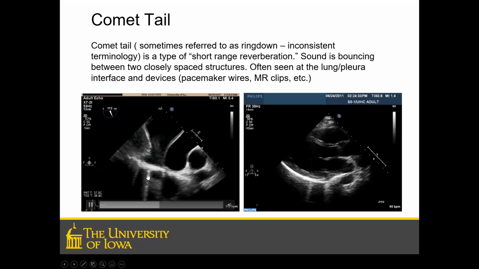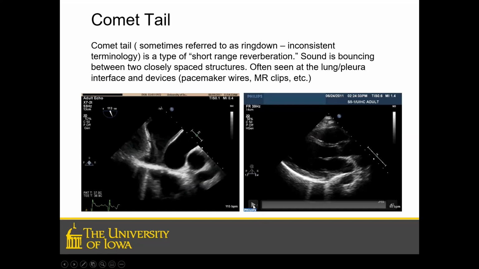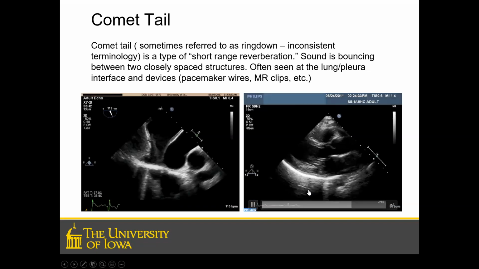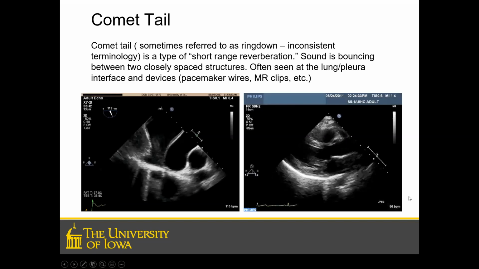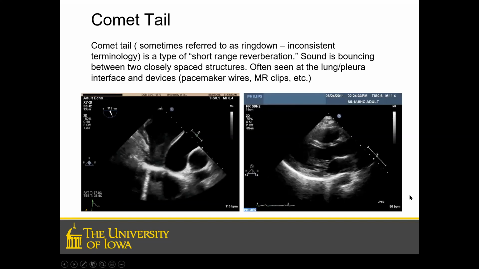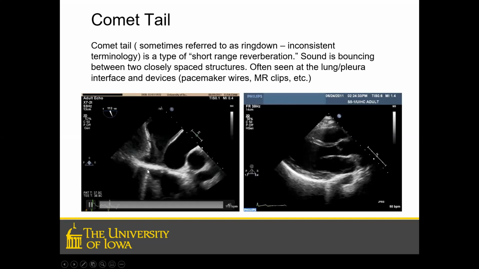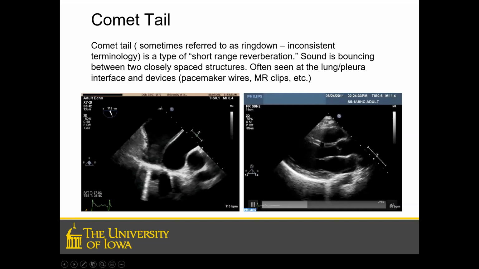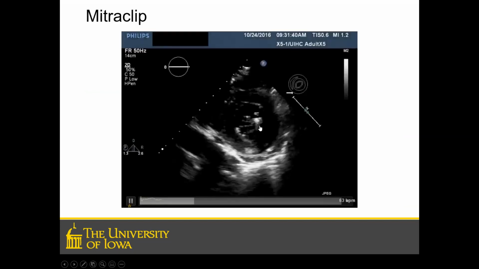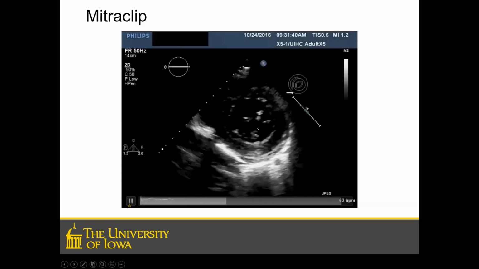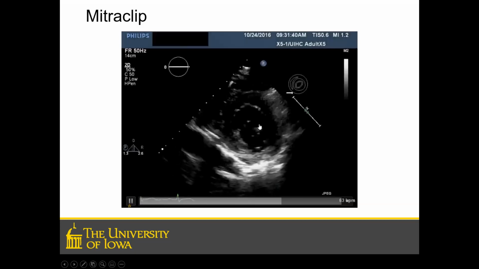As you can see them right here, and on this transthoracic right here. And if any of you have done lung ultrasound, a normal lung ultrasound shows these comet tail artifacts, and that's because the lung has air in it. Here is a MitraClip, and you can see the comet tail coming off the MitraClip.